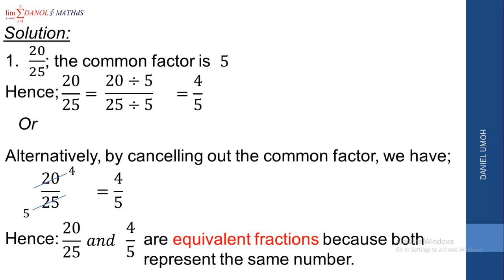Let's advance to example 2. Example 2 says, reduce this to the lowest term, 13 over 39. Of course, the common factor between 13 and 39 is 13. So we're now going to divide the numerator and the denominator by 13.